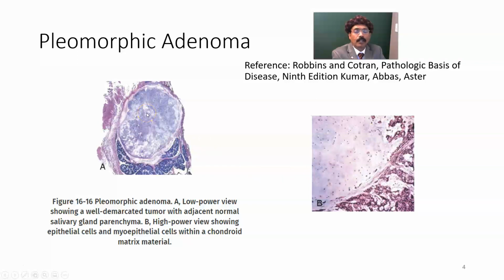This is normal salivary gland, this part. The tumor is here, and these are the salivary gland here. This is the cartilaginous stroma, the chondroid matrix.